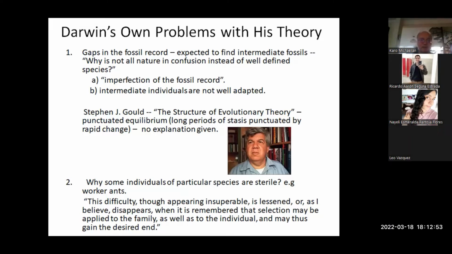But even that he was not satisfied with, so that all his life he was struggling with this problem with gaps in the fossil record, and the fact that we see species like they are quantized, they're individual, they're not a complete mix of different individuals with different parts of different species.